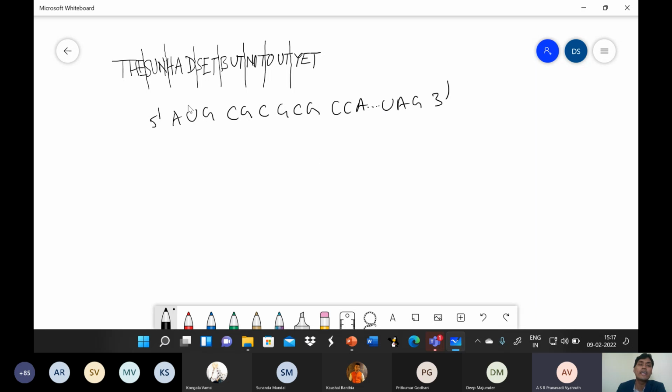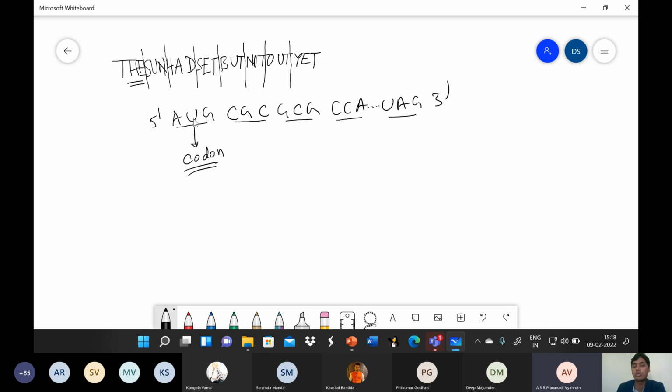These letters were giving you meaningful words like the, sun, set, not. So you have some sense here. Similarly, in the genetic system, in our gene, in our mRNA, those three-letter codes are also carrying some particular meaning. These three-letter nucleotides together are called a codon.